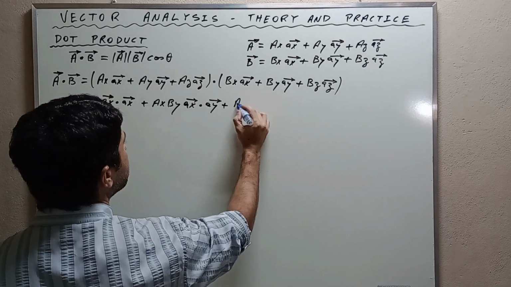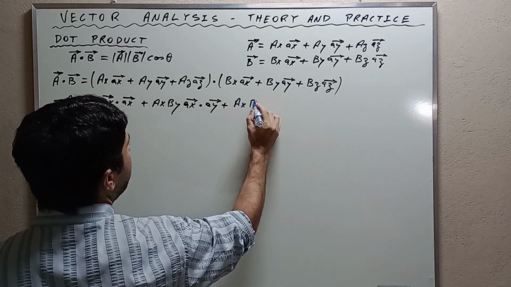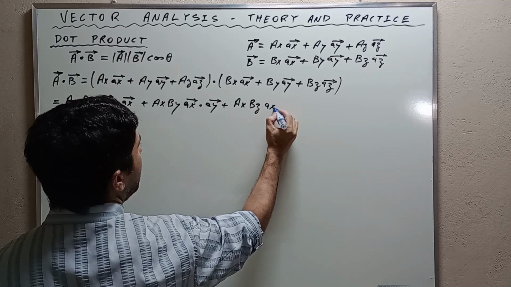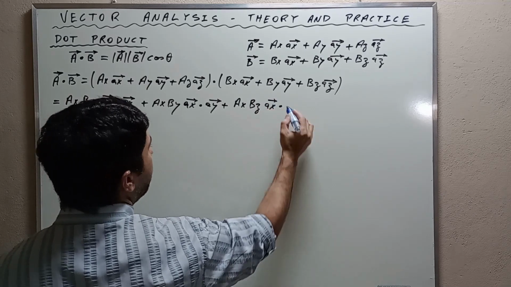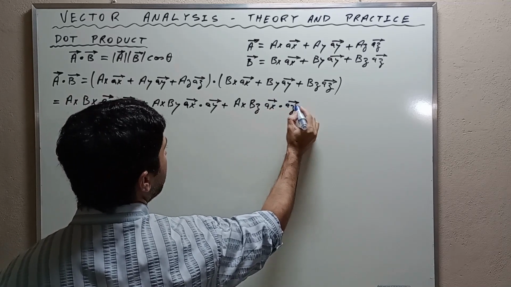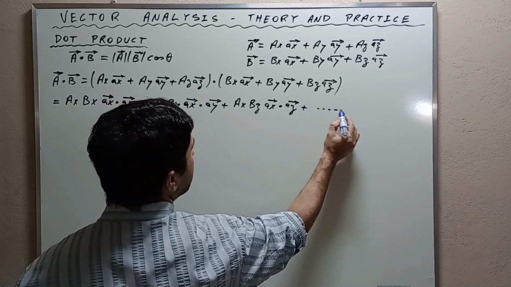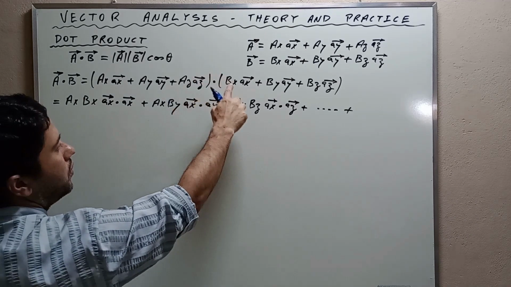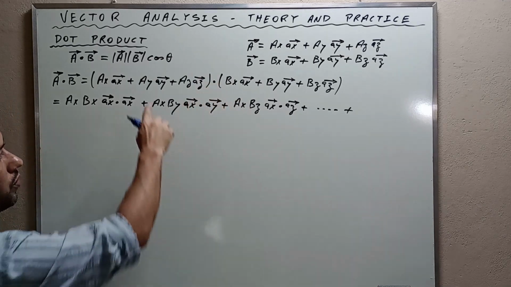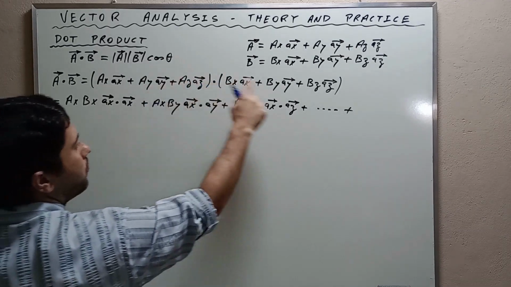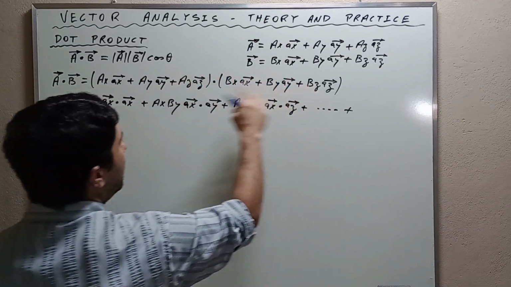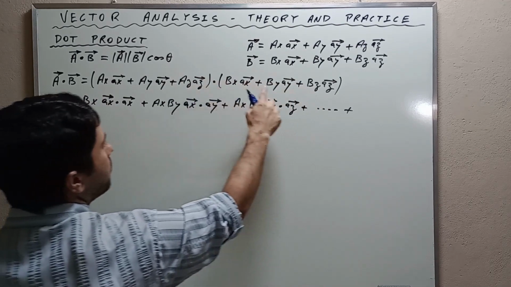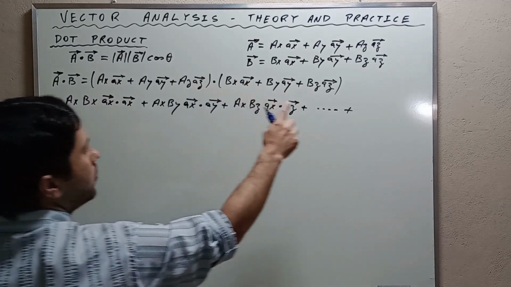Ax bz, ax in a dot product with az, and so on until we get this. This with this, we're gonna do this with this, this with this, this with this, and this with this, this with this, and this with this.